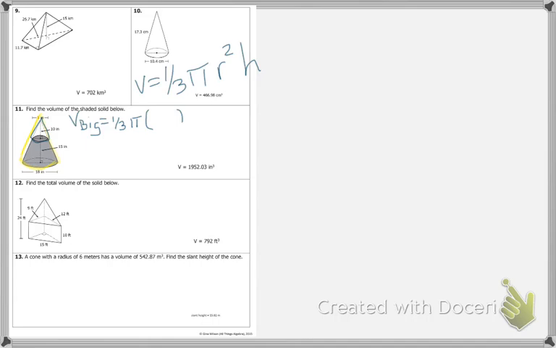That is simple addition, people. Here from here to here is 15. From here to here is 10. So my height is 25. What is the radius of the big cone?